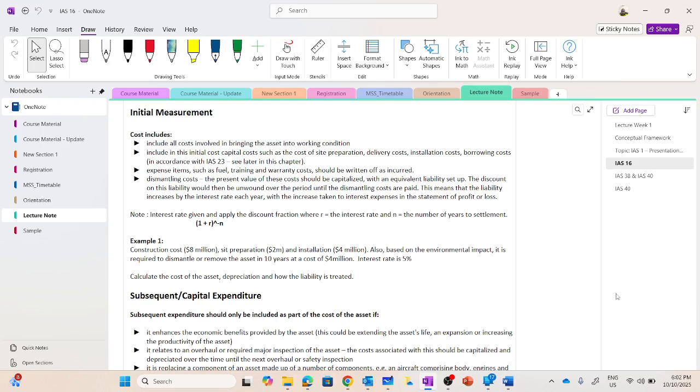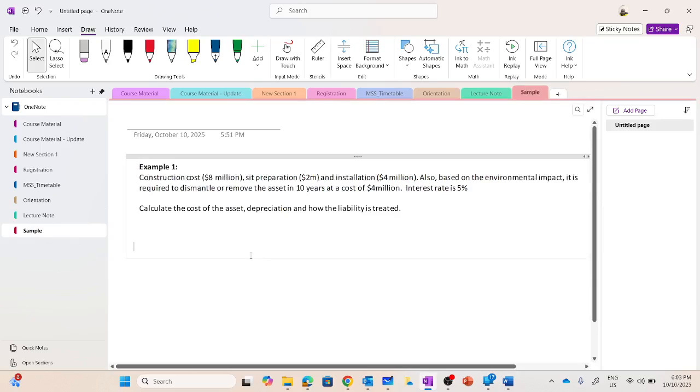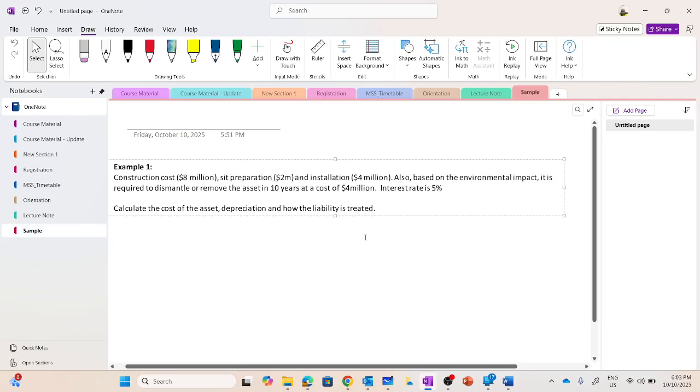So now let's take a look at example 1. Let's try to solve example 1 so we can understand the concept well. So now let's read the question.